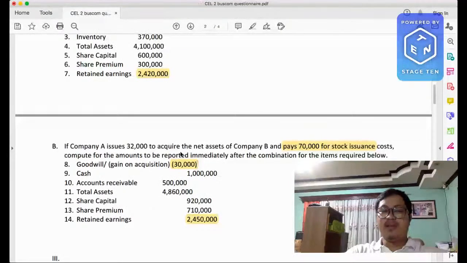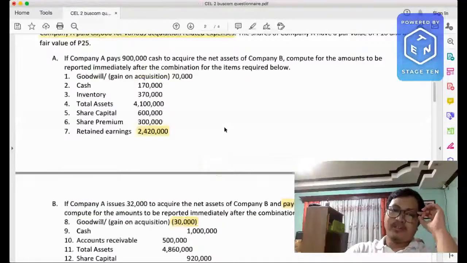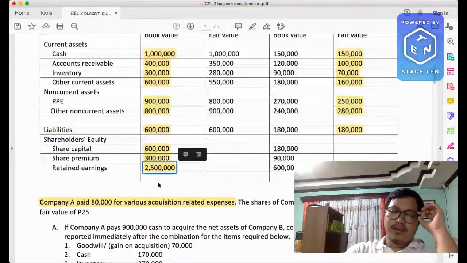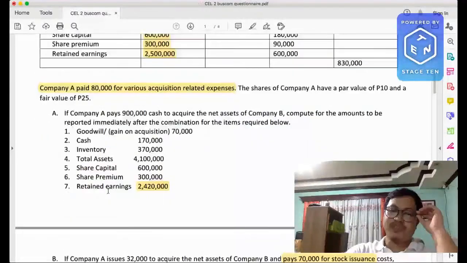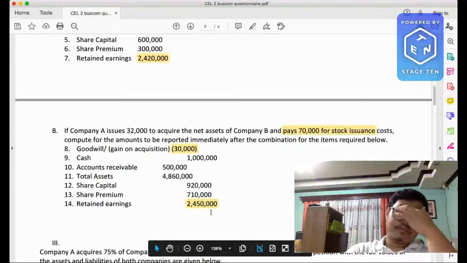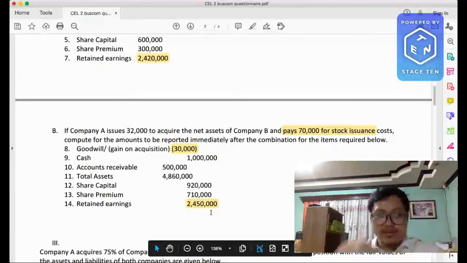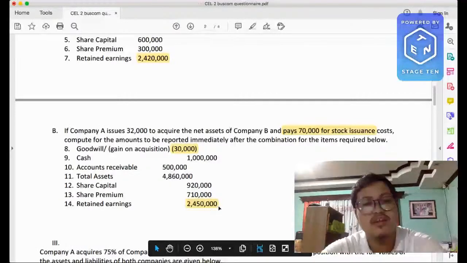And it being a gain, it will result in an increase in your retained earnings. So it's 2,500,000 minus the acquisition cost of 80,000, but plus the gain on acquisition in the amount of 30,000. Okay? So that's why the retained earnings in problem B, class, would be 2,450,000.